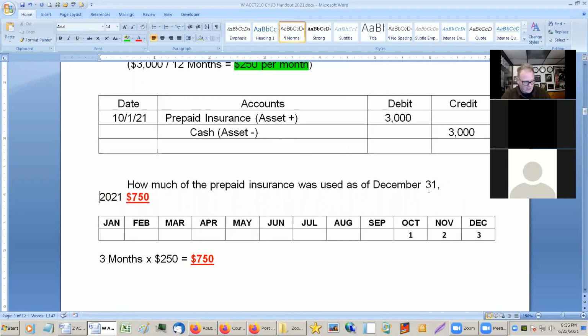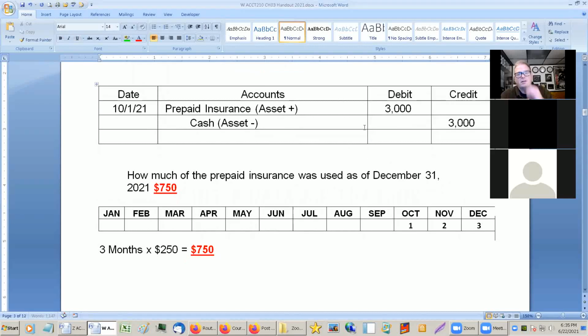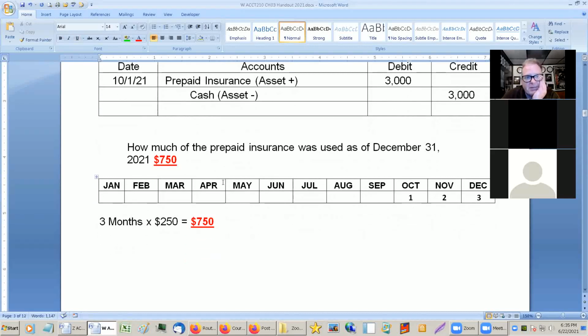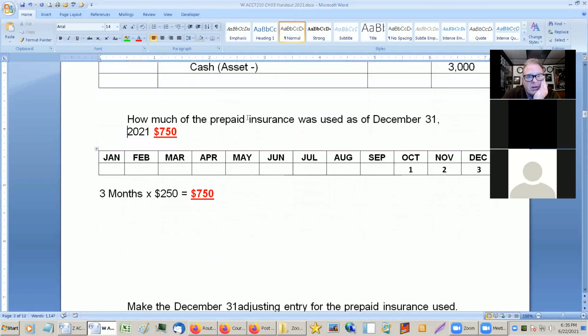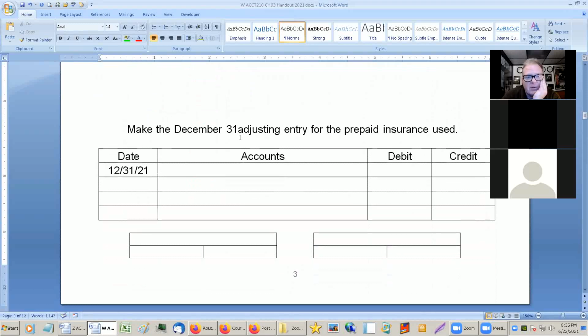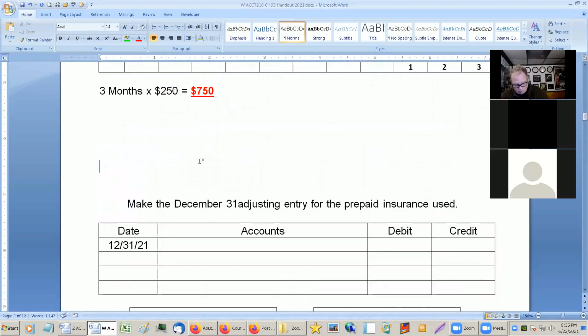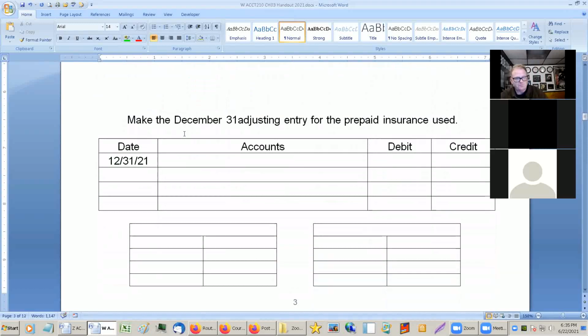Did not do a very good job spacing these. I should make this a font smaller. But so they use 750 of it. So coming down here, 3,000, I think, 3,000.